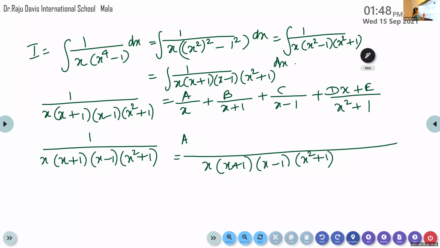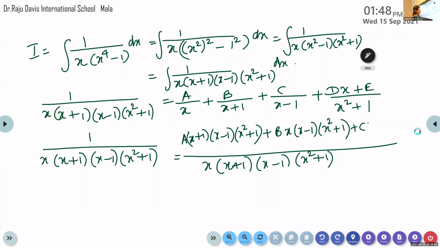So we get x plus 1, x minus 1, x square plus 1. Plus b into, with b, x into x minus 1 into x square plus 1. Plus c into x into x plus 1 into x square plus 1.